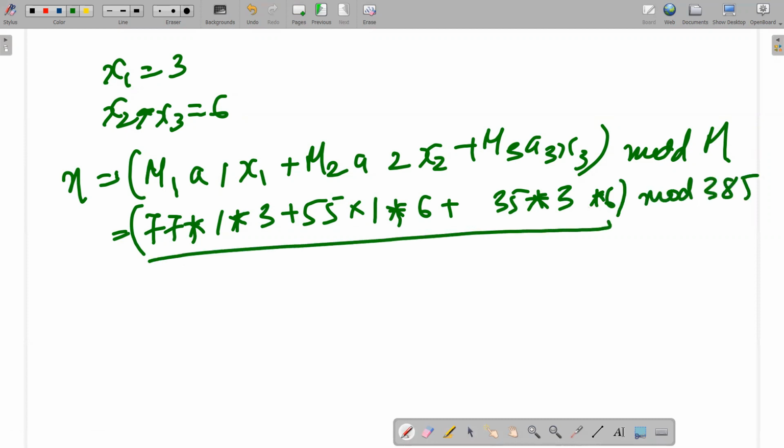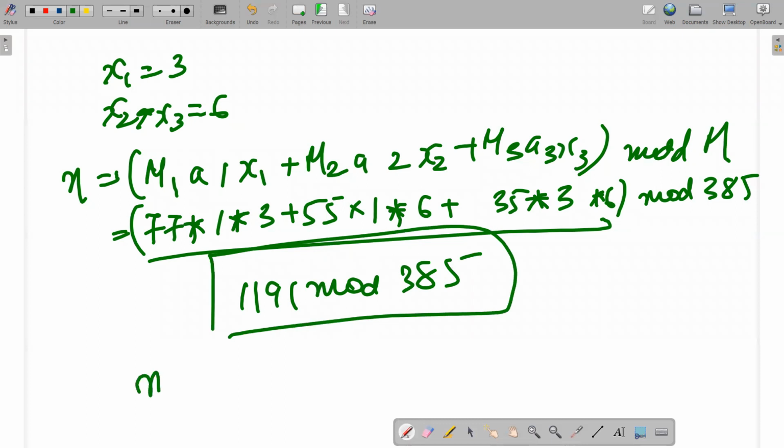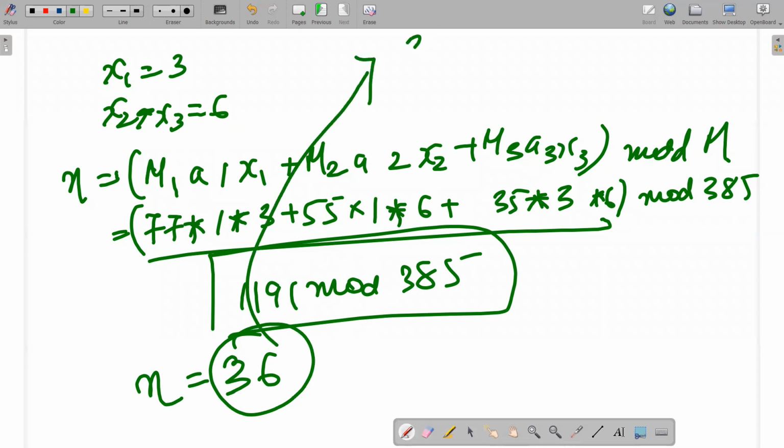If I calculate the whole thing, the answer is 1191 mod 385, and the answer for n would be 36, guys.